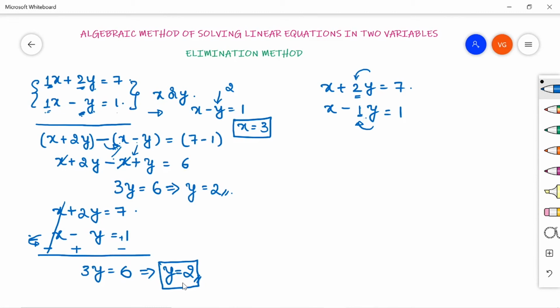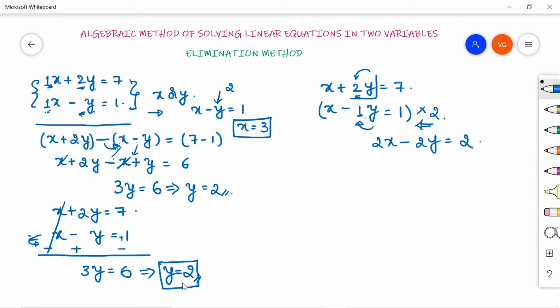So to make them eliminated, just multiply equation number 2 with 2 such that this variable y will be equal, right? So both sides of equation number 2 I am multiplying with 2. So it will become 2x minus 2y is equal to 2, right?